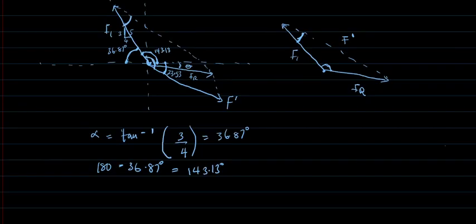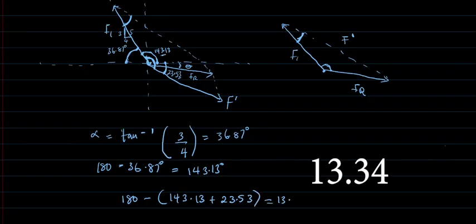Now, for a parallelogram, two adjacent sides, that is this point now and this point, must add up to 180. We know from here to here is 143.13 plus 23.53. If we simply do 180 minus the addition, that's the entirety of that angle, we're simply going to get 13.34, and we can put that at this point.